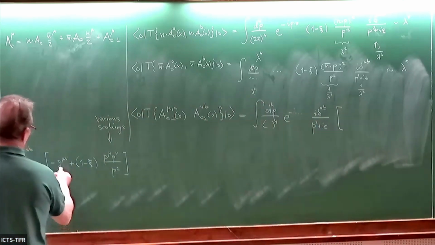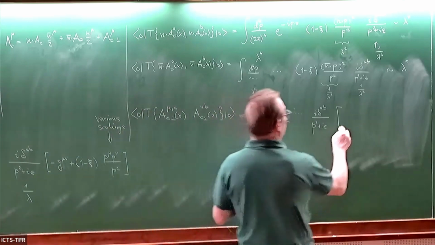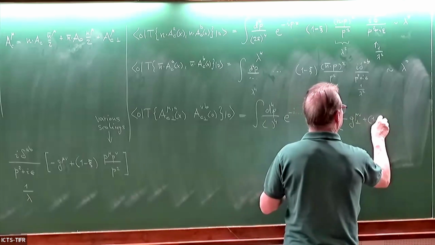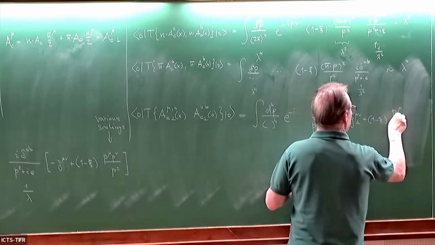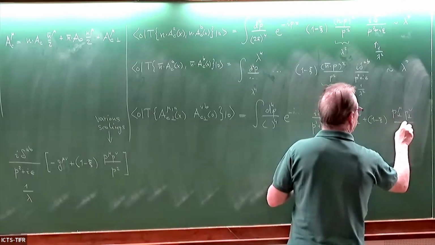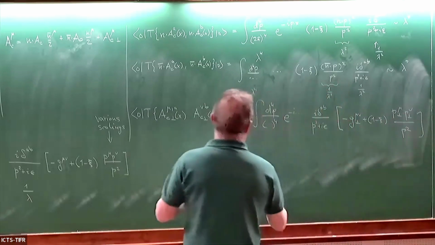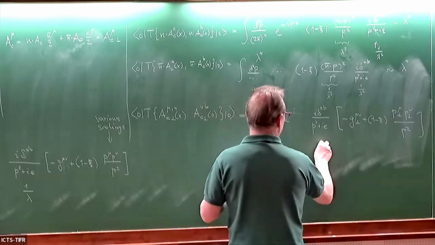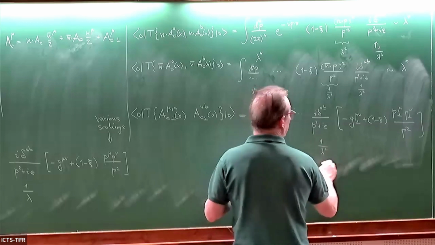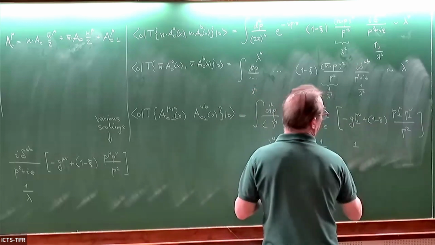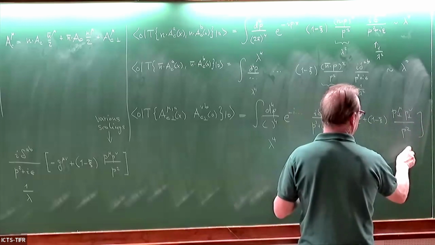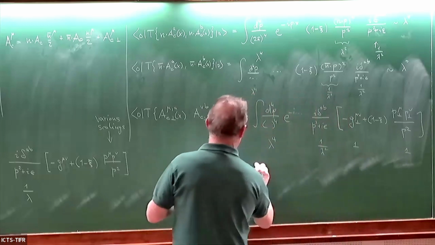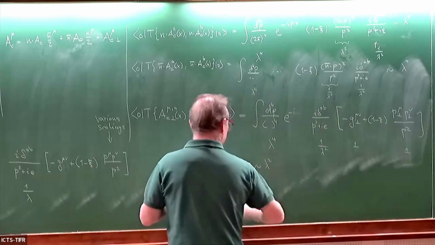And here now we have the perp components of the matrix, so minus g mu nu perp plus 1 minus xi p mu perp p nu perp divided by p squared. And now the counting is such that the measure is again lambda to the 4. This is again 1 over lambda squared. This has no power counting, and here we get lambda times lambda over lambda squared. So this is also order 1, and you see that we get in total lambda squared as a counting.